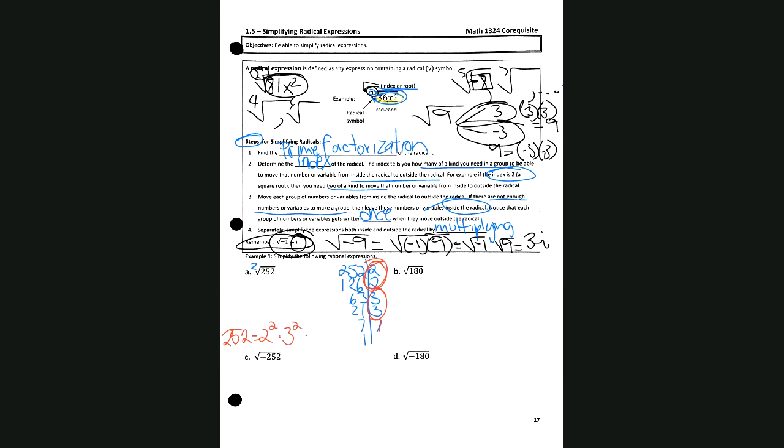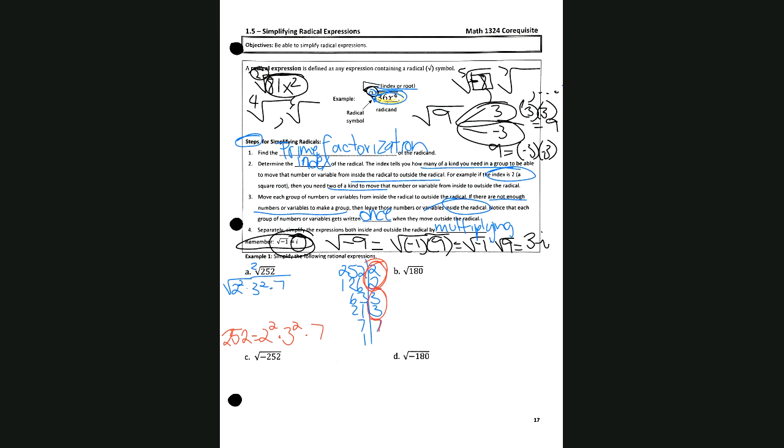So what I'm going to do now is I'm going to rewrite the problem, or the radicand. So instead of having the square root of 252, we'll have the square root of 2 to the 2nd power times 3 to the 2nd power, and then times 7.